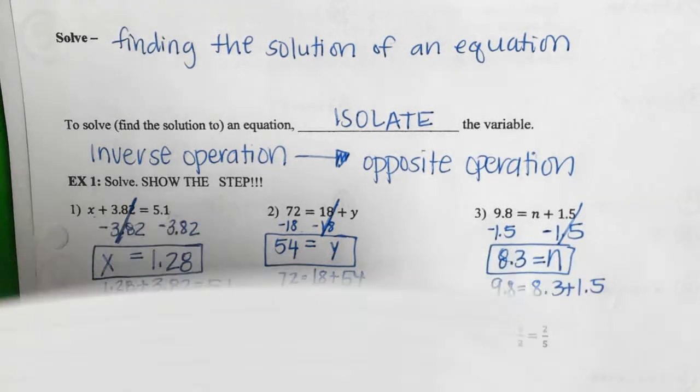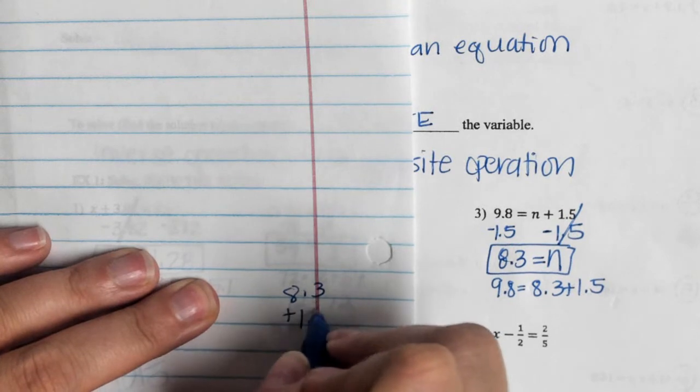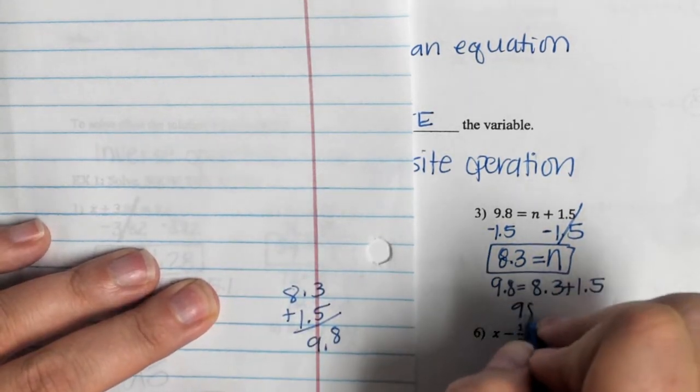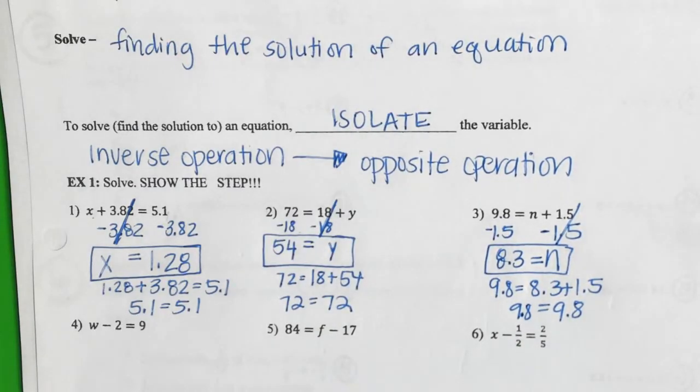Let me come over here. So now I have 8.3 plus 1.5, that's 9.8. They are equal. And again, that last part is just to make sure that the solution you found works for the equation.